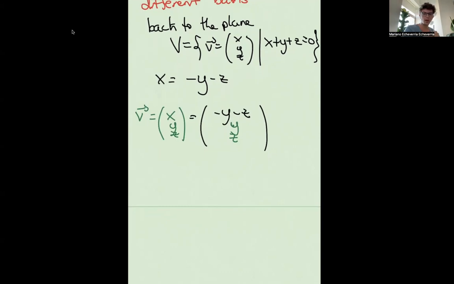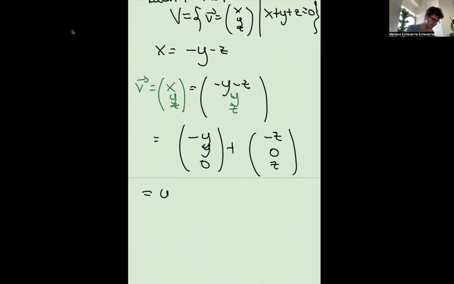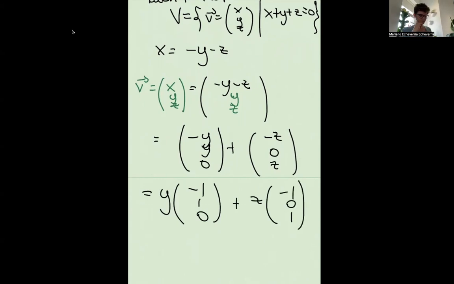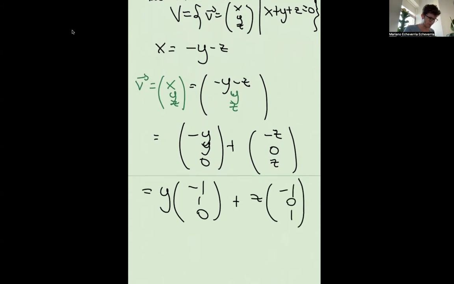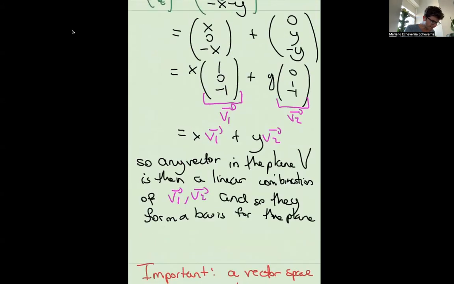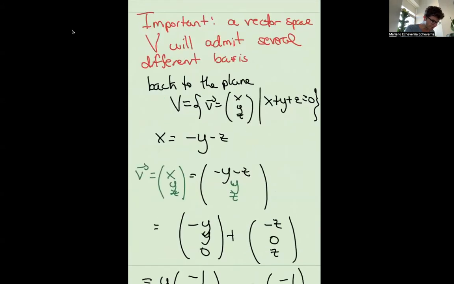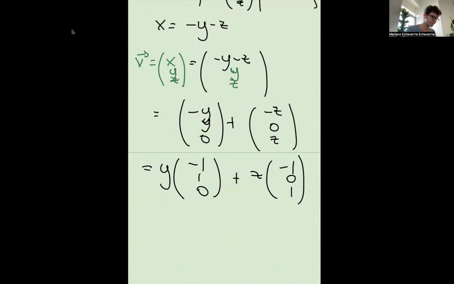And then you can do the same as before. You can break it into the stuff with the y variable plus the stuff with the z variable. This is y times (-1, 1, 0) plus z times (-1, 0, 1). I believe none of these two vectors are the same as the ones before, so let's call them u1 and u2, for example.